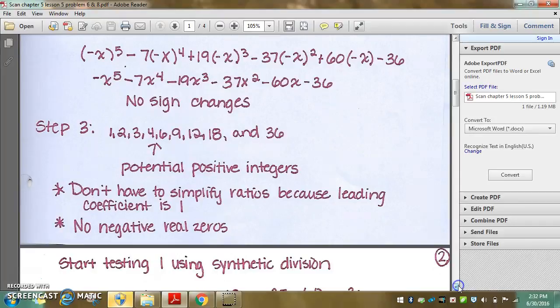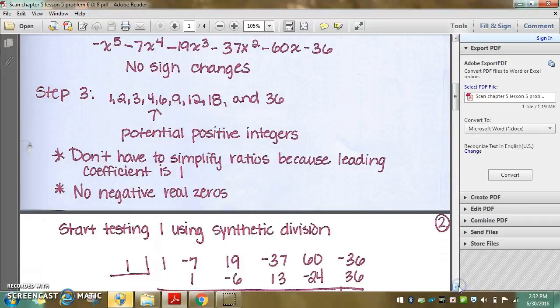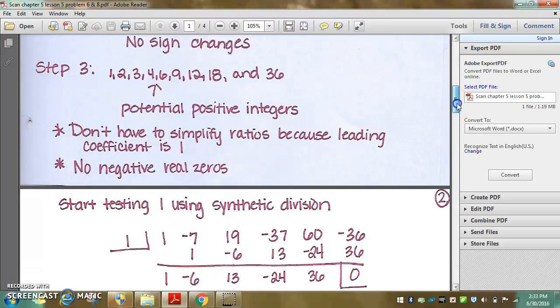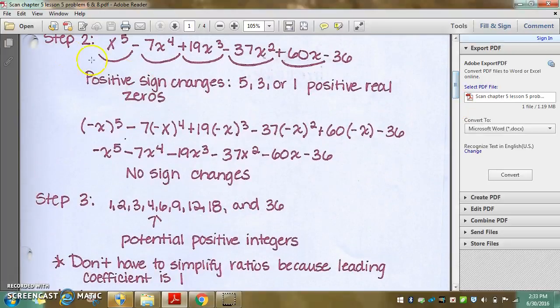Okay, so when I use 1 and I use synthetic division, sorry, I should have rewritten the function there, but for the function right here, you list all of the coefficients. So 1, negative 7, 19, negative 37, 60, okay? So you're just going to get those.